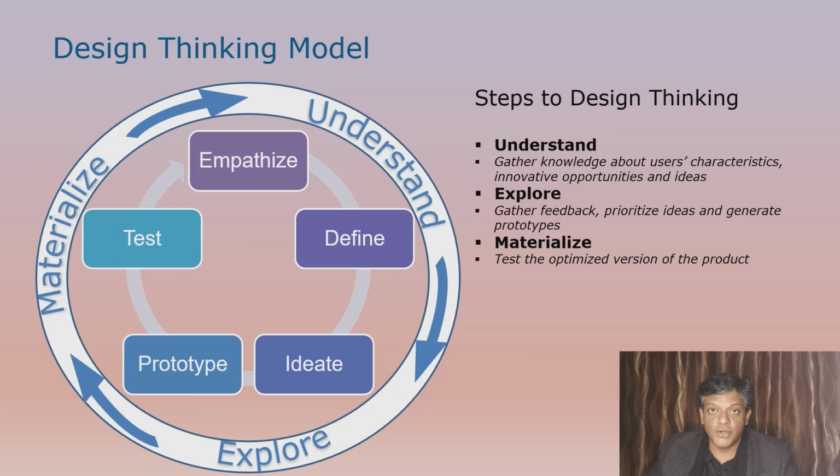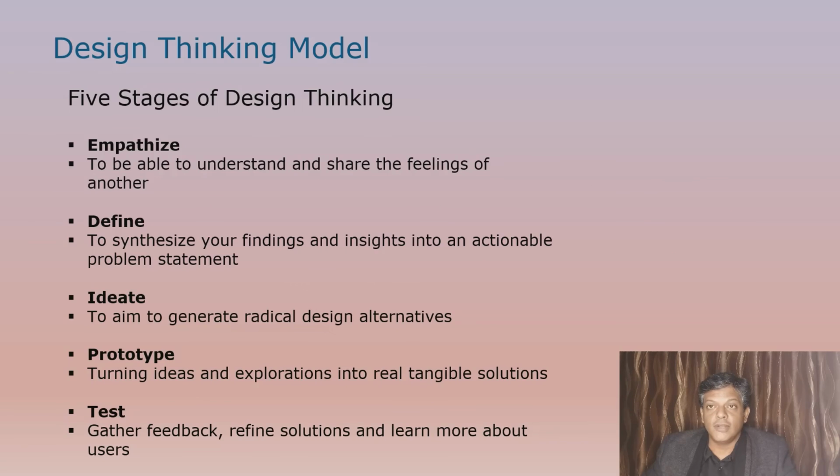And once you have explored all the possibilities, you move on to actually materialize or bring the product out in the open, which is basically the test stage, where you test the optimized version of the product. It's not just the minimum viable product, but the optimized version of the product. So, these 5 stages can be grouped into 3 different phases of understand, explore, and materialize.